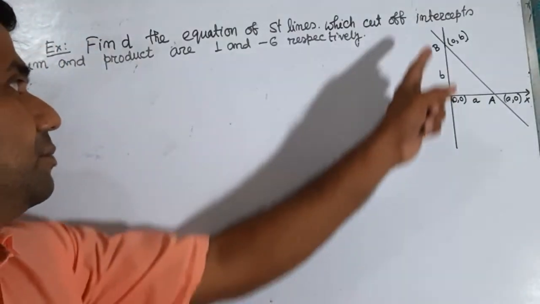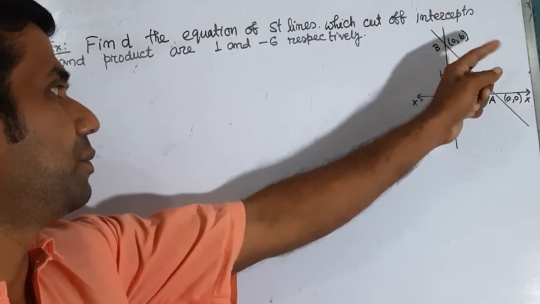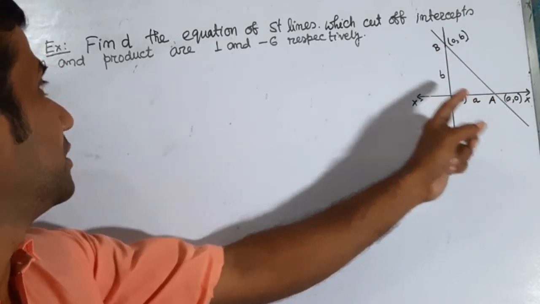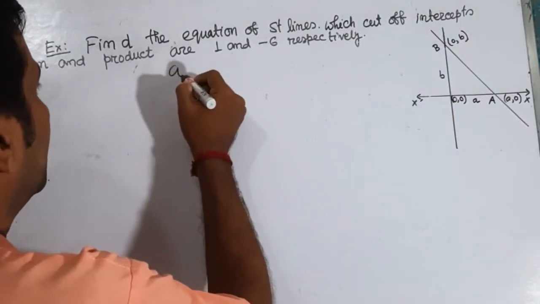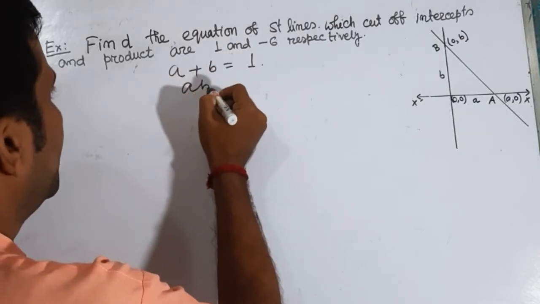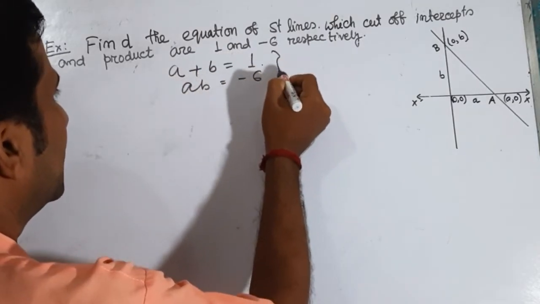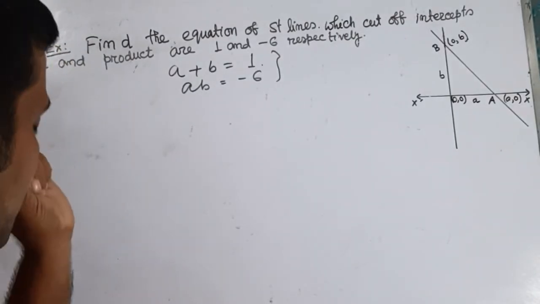That means if the straight line cuts the x-axis at a comma 0 and the y-axis at 0 comma b, then the sum of the intercepts, a plus b, is equal to 1 and the product ab is equal to minus 6. Then you have to find out the values of a and b.